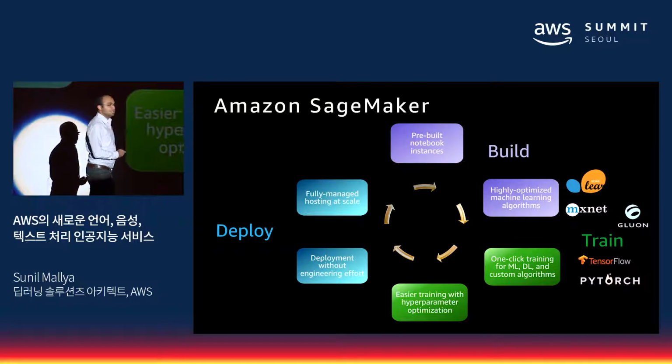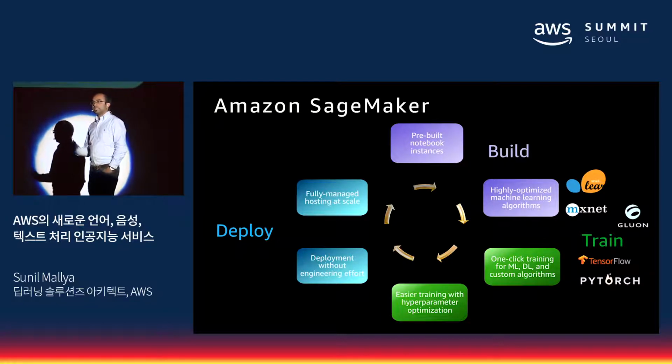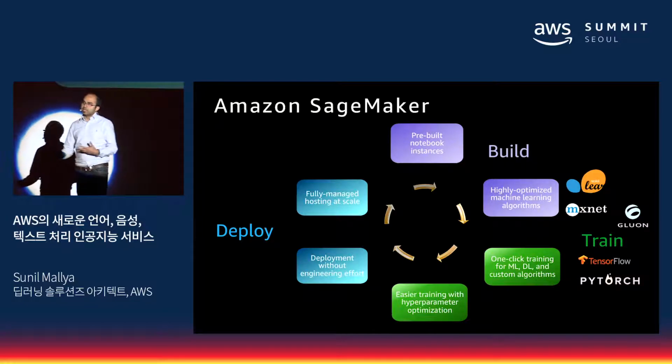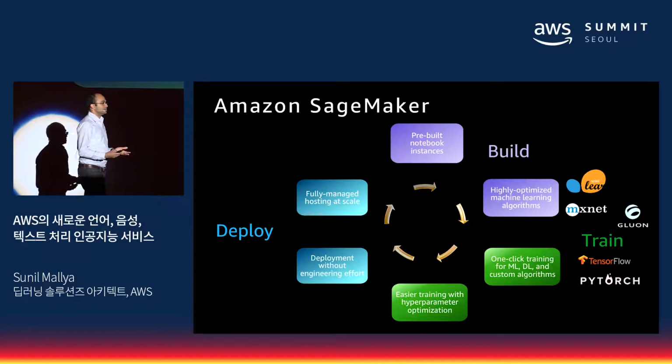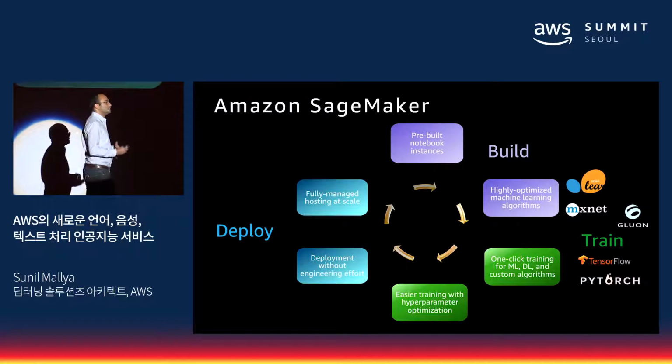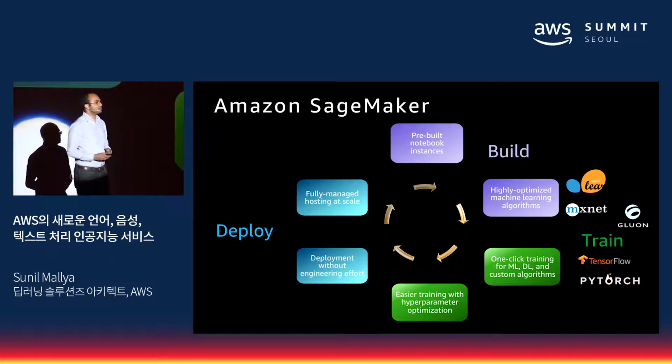And the next part is training. Once you have the code that's developed, you can use SageMaker to train the model in a distributed fashion. So it's not just training on a single machine, but you can use multiple machines.